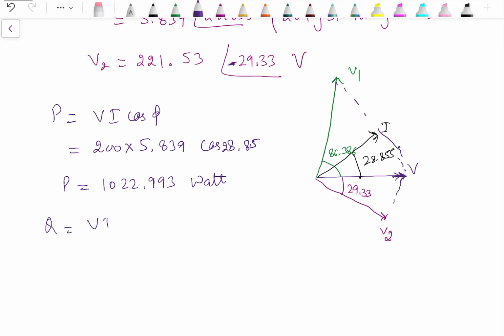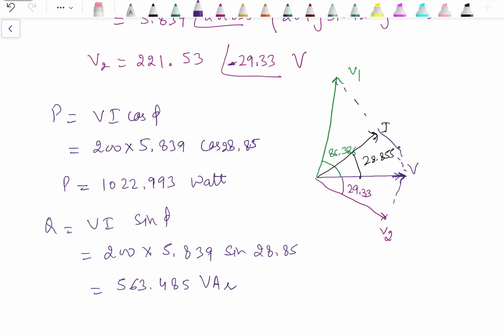Reactive power is VI sin phi, 200 into 5.839 sine of 28.85. So reactive power is 563.485 volt ampere.